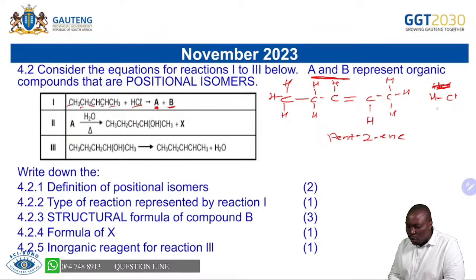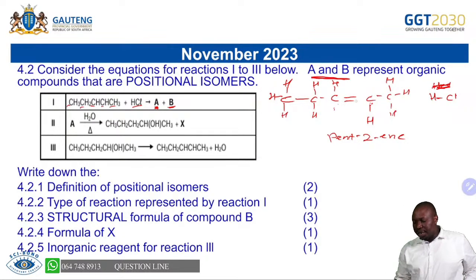One option is where the hydrogen will go to this carbon number 2, and the chlorine will go to this carbon number 3. The other option is where the hydrogen will go to carbon number 3, the chlorine to carbon number 2. So there are 2 options. A plus B is a combination of chlorine going to carbon number 2 and chlorine going to carbon number 3.